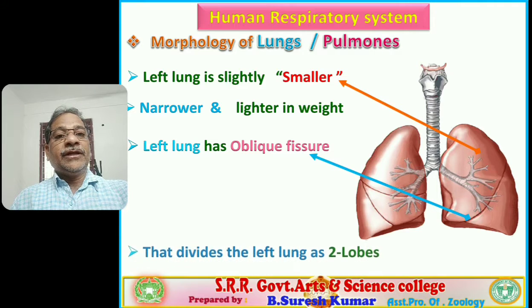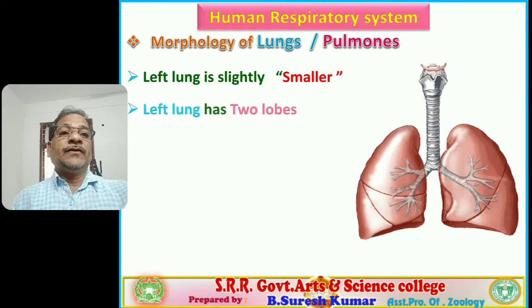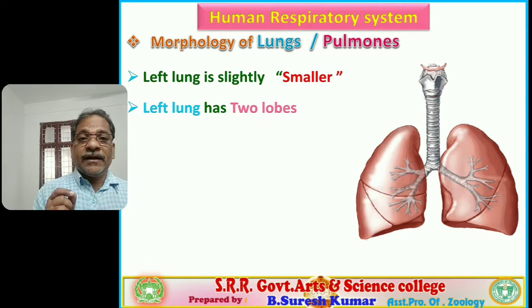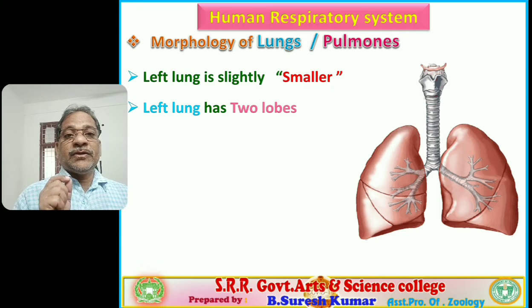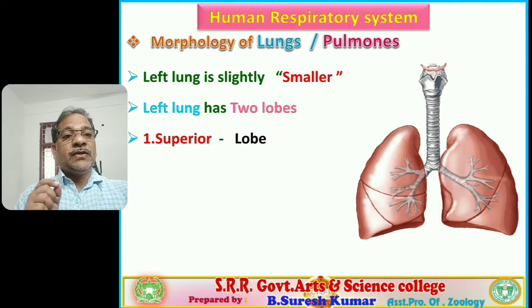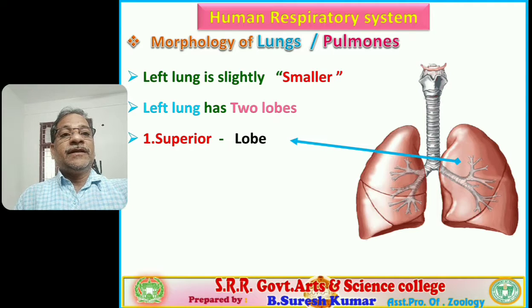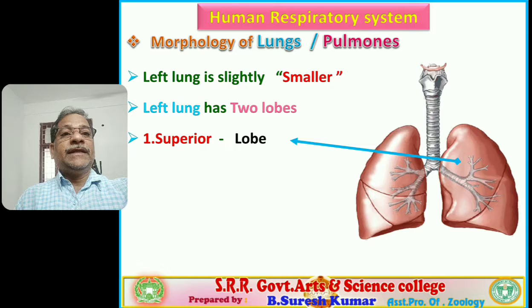That oblique fissure divides the left lung into two lobes. So the left lung externally contains two lobes. The lobes are named: one is the superior lobe. You observe this visual. This is the superior lobe, present on the upper side, hence named superior lobe.